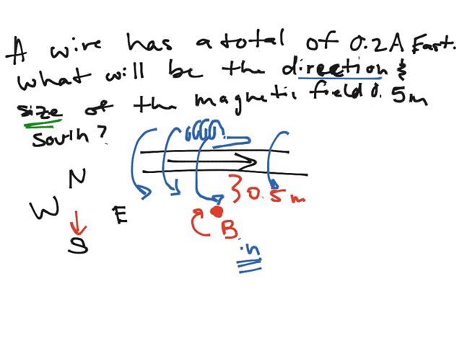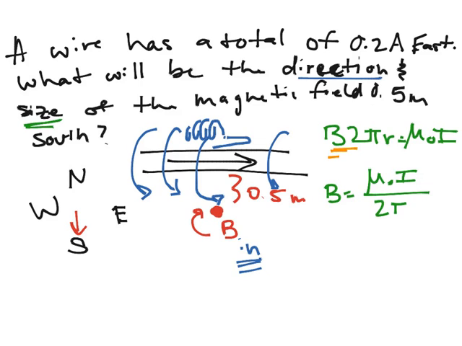This is where we would use Ampere's Law, which is B times 2 pi r is equal to mu naught I. We are solving for B, so you should change your equation so that it solves directly for B. And really at this point all you need to do is plug in some numbers.